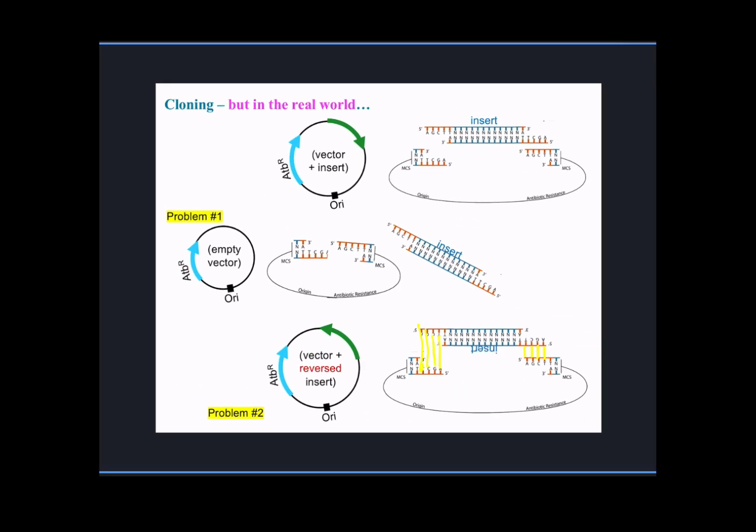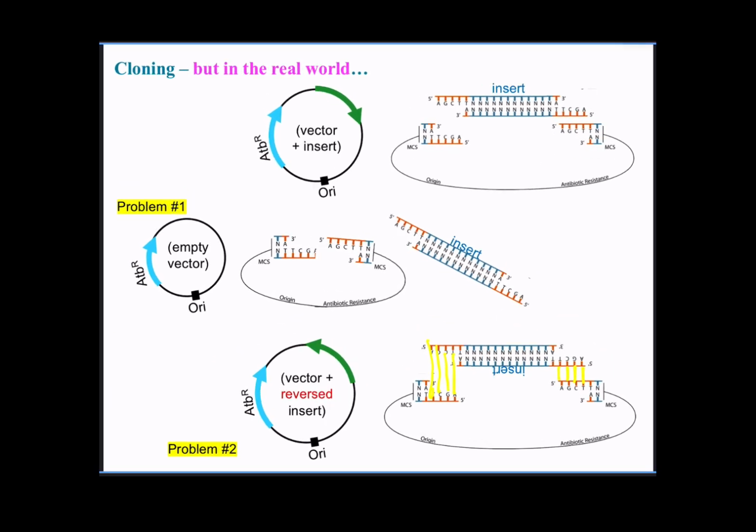So let's go through how we solve that problem. Because when you mix your ligation reaction that was in a tube with the bacteria, there will be some bacteria that pick up empty vector, some bacteria that pick up a vector with the insert in the wrong orientation, and then some bacteria that will pick up the insert in the right orientation. And those are the ones that you want. So how do we distinguish among those?